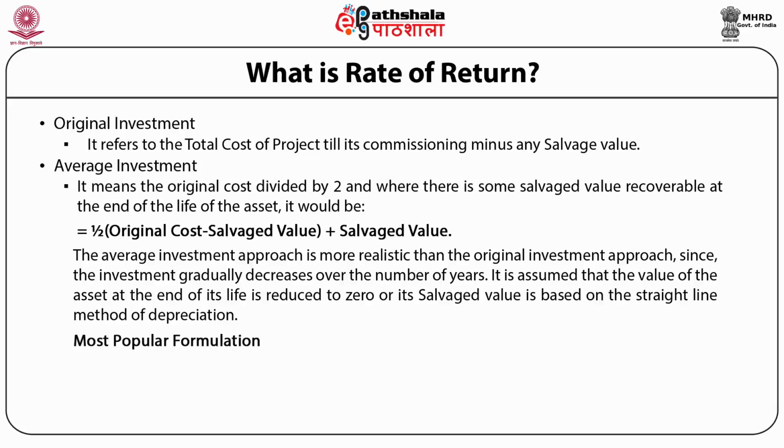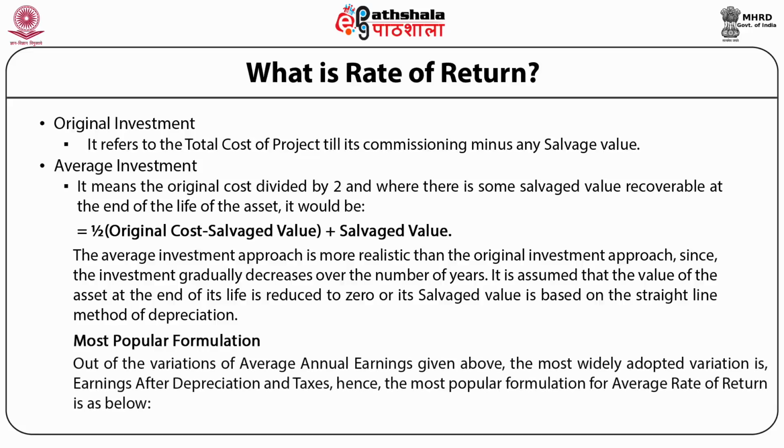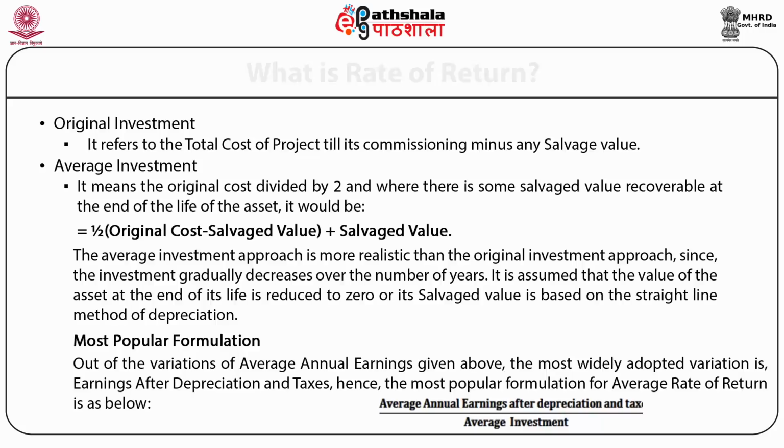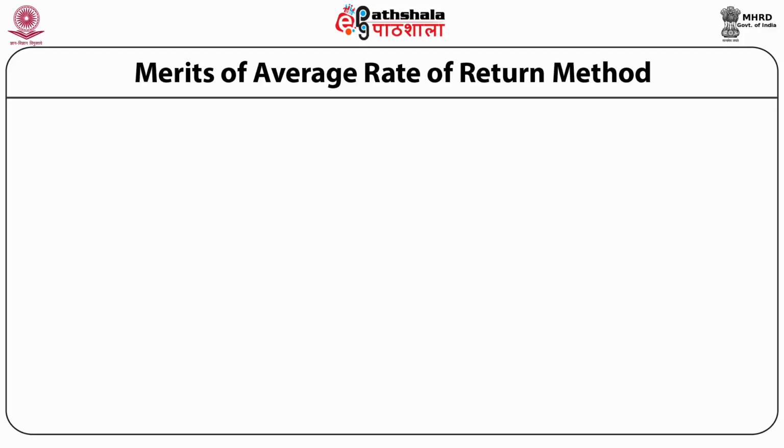But the most widely adopted variation of average annual earnings given above is earnings after depreciation and taxes. Hence, the most popular formulation for average rate of return is average annual earnings after depreciation and taxes divided by average investment. Let's discuss the merits of average rate of return.